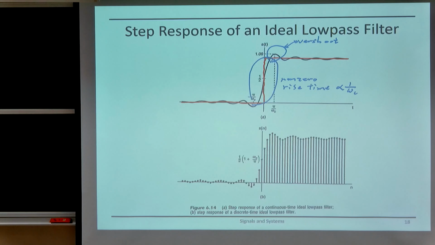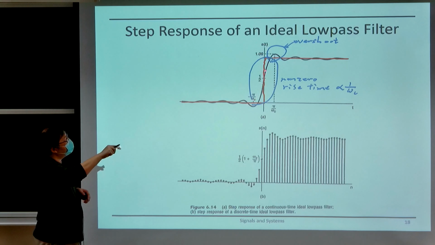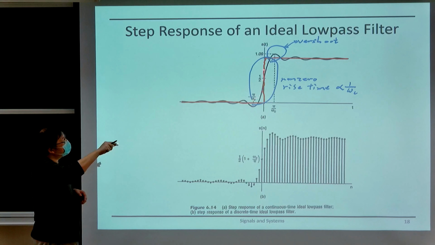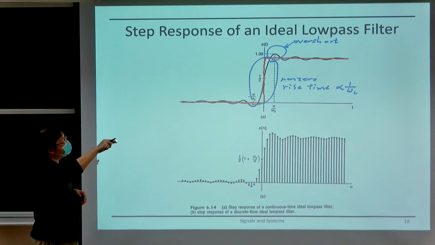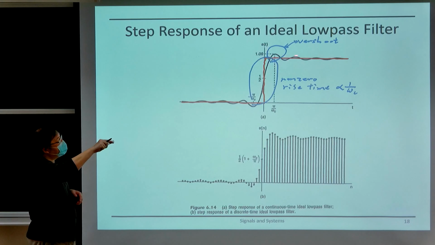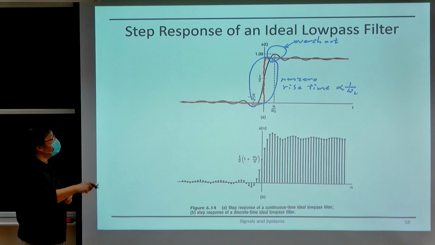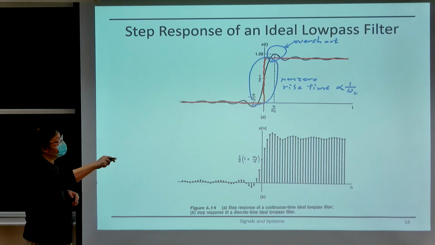You observe this rise overshoots beyond the unit gain that we hope to achieve, and that afterwards there is some oscillating behavior before it gradually settles down to the desired gain.